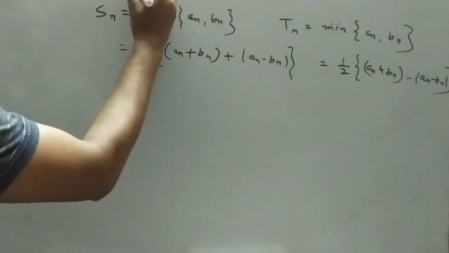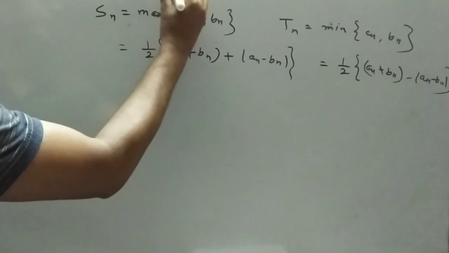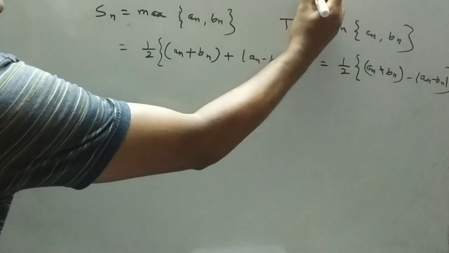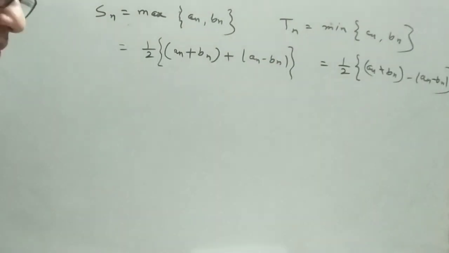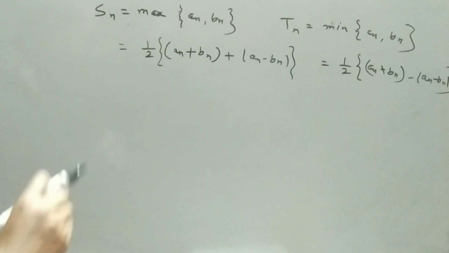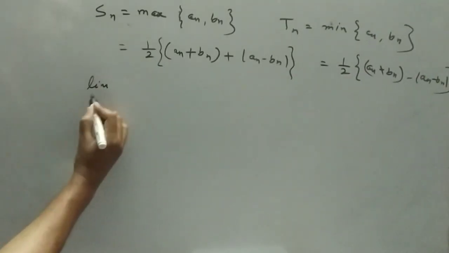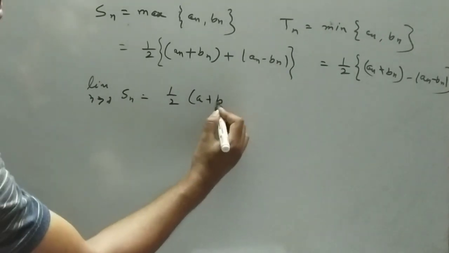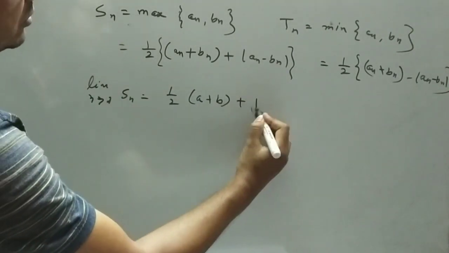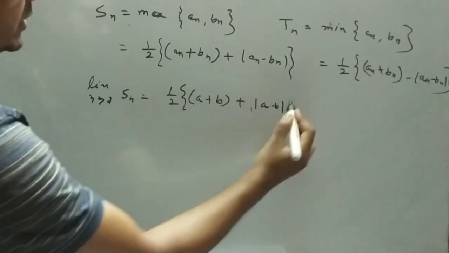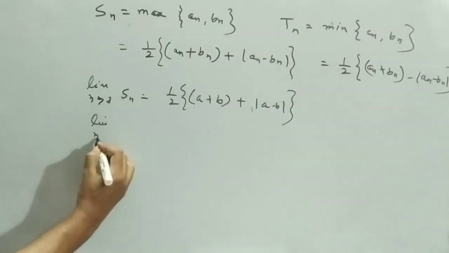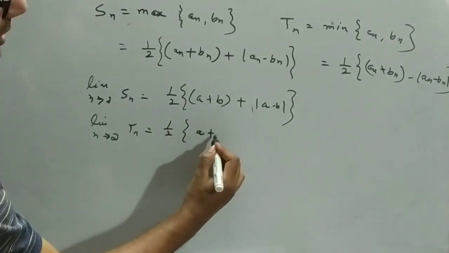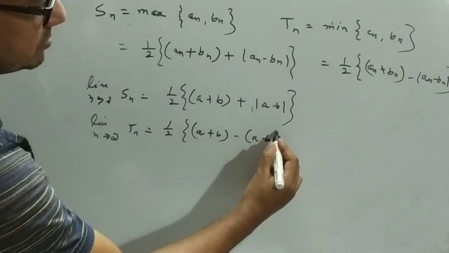Since limit n tends to infinity, an equal to a, and limit n tends to infinity, bn equal to b, we can write limit n tends to infinity Sn equal to half into (a plus b) plus mod of (a minus b), right? And limit n tends to infinity Tn equal to half (a plus b) minus mod of (a minus b).